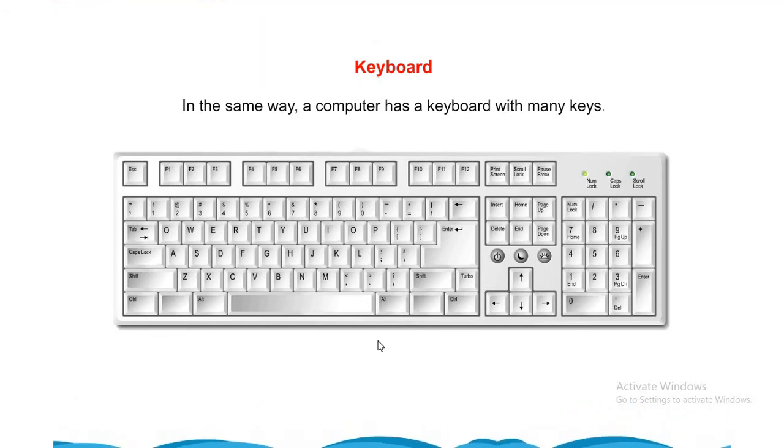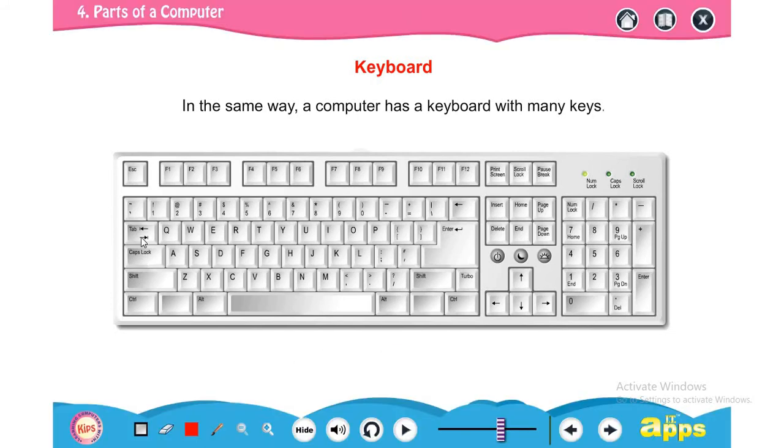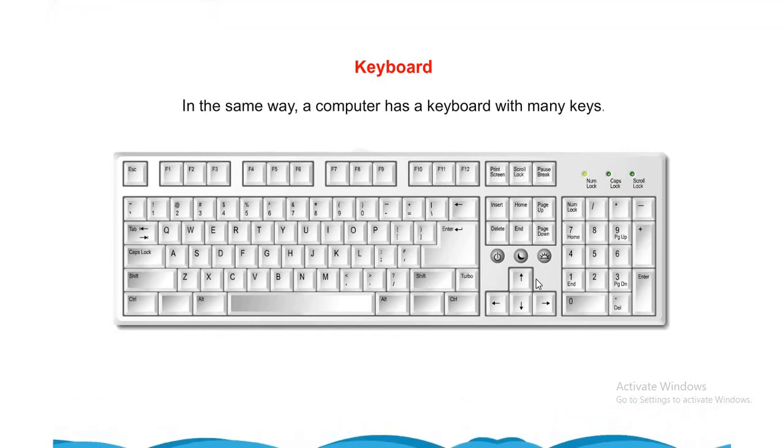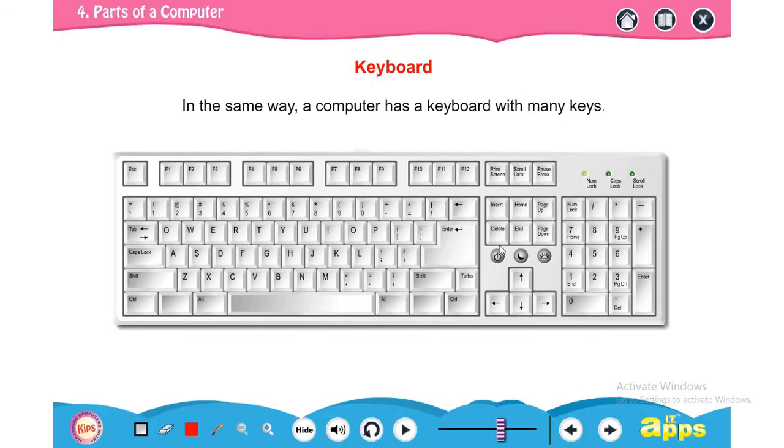In the same way, the tab key is there, the caps lock key is there, the shift key, the control key, then some arrow keys are there. There are different keys, but you need basic 2 or 3 keys, that is caps lock key, space bar key, and mainly this enter key.